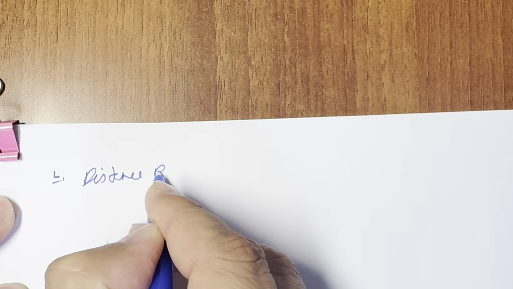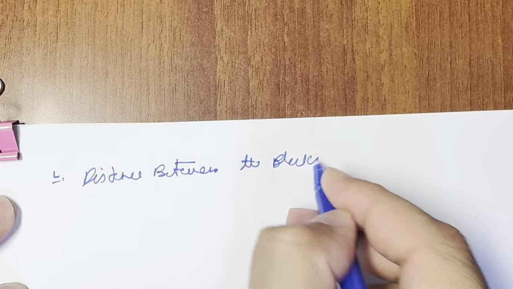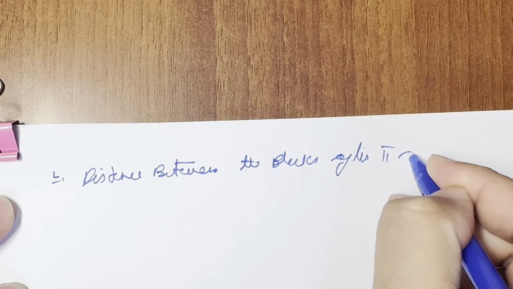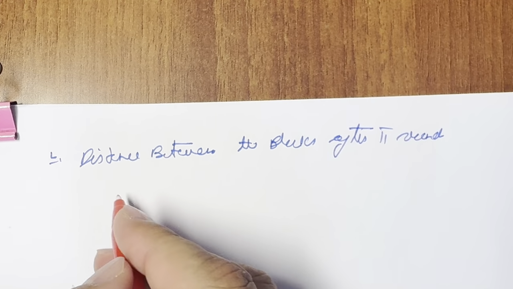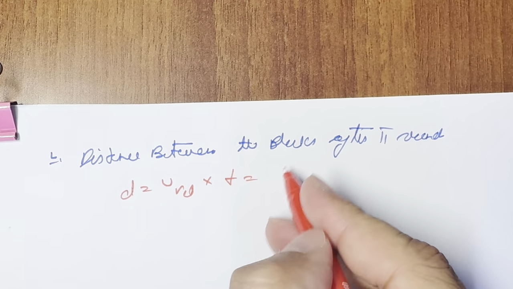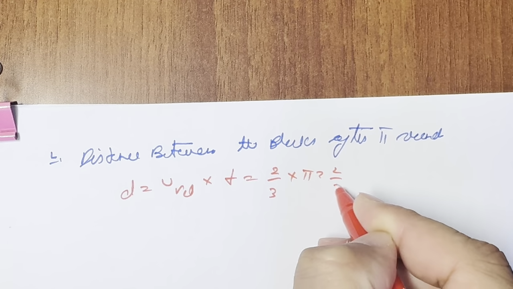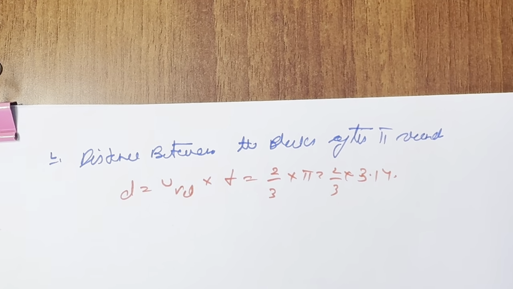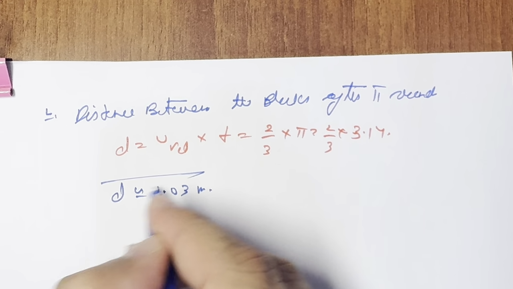Therefore the distance between the blocks after pi seconds, let us suppose that distance is d, will equal V relative multiplied by t. This is 2 by 3 multiplied by pi, where pi is 3.14. So we get d approximately equal to 2.03 meters.